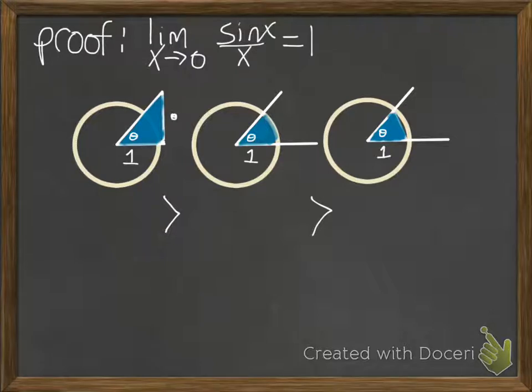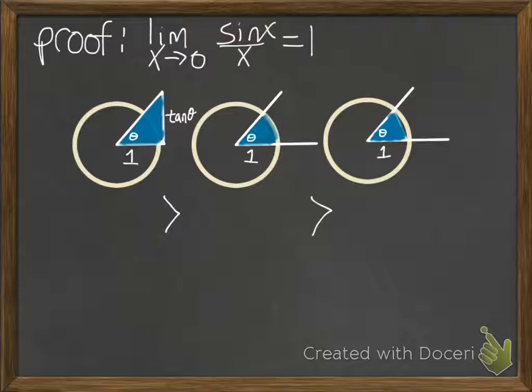So tangent theta would be actually equal to that thing over 1, or just that thing. So that thing is in fact tangent theta.